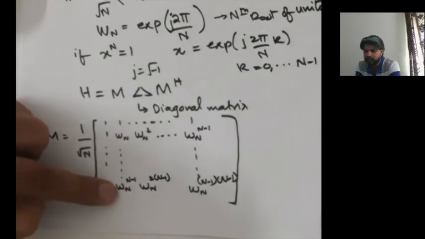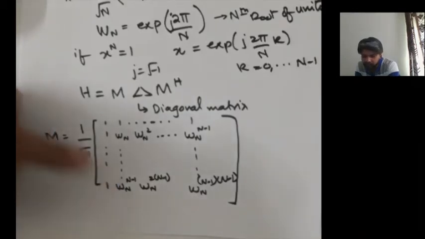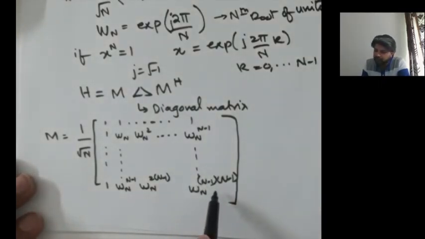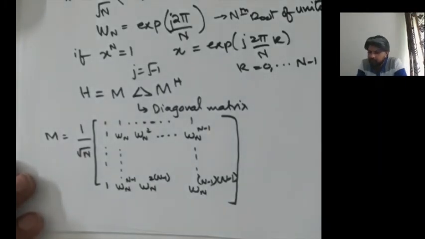Here it is e to the power j 2 pi times n minus 1 over n, right? And similarly, you would have this, for example, e to the power j 2 pi by n times n minus 1 times n minus 1.